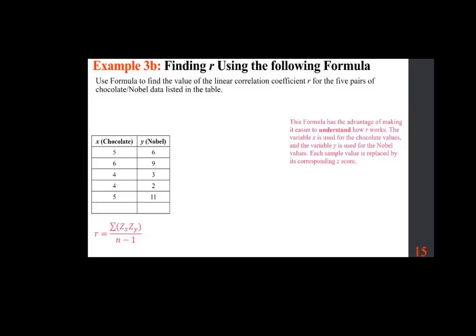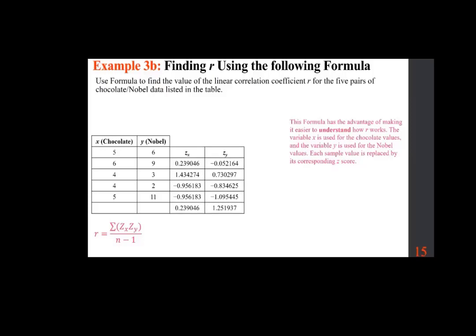The variable x is used for the chocolate values, and the variable y is used for the noble values. Each sample value is replaced by its corresponding z-score, z sub x and z sub y. I will show you how to calculate just one of them, and then you'll see how the rest goes. And again, that will take some time.